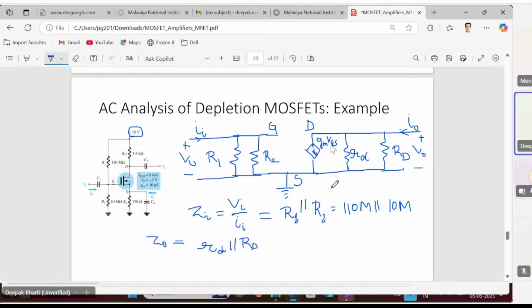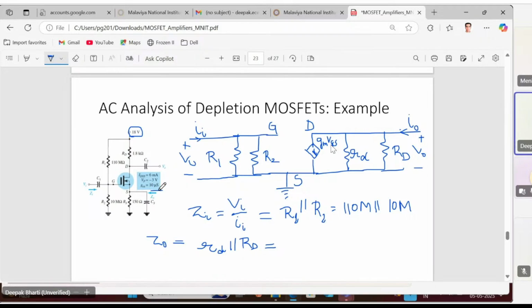The definition was that Z naught was the ratio of V naught and I naught at 0 volt of Vi. When Vi is 0, VGS will be 0, and the gm VGS source will be eliminated. So what is left in the network? That will be the parallel equivalent of small rd and capital RD.